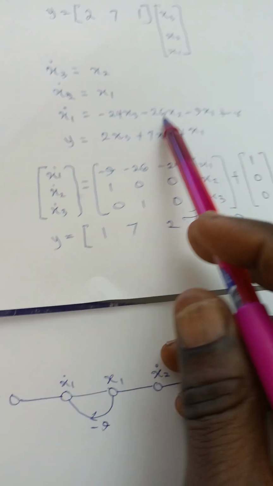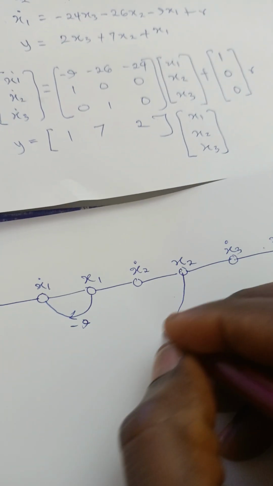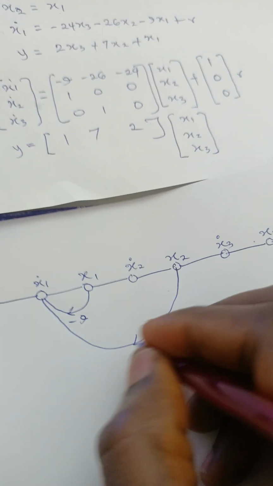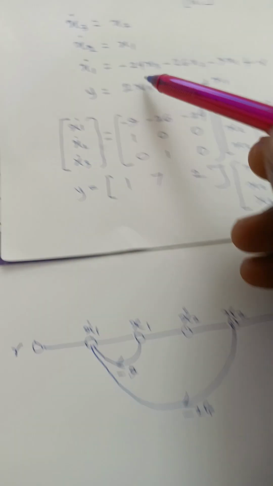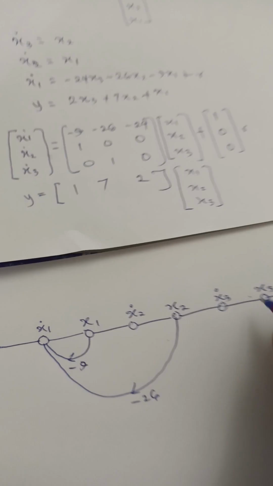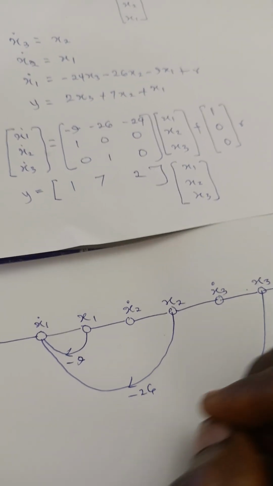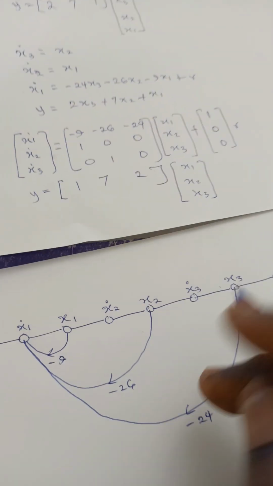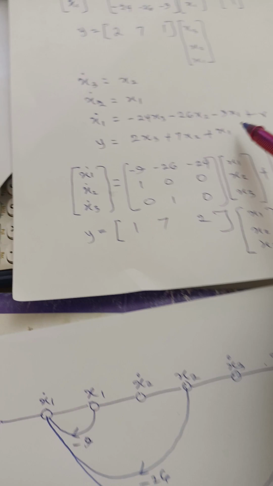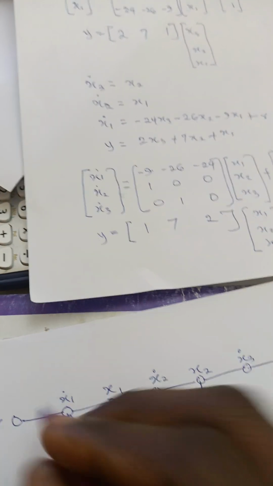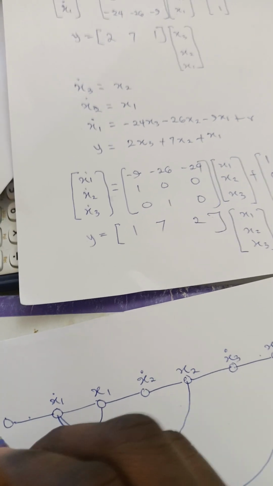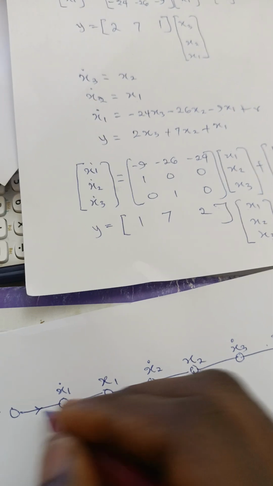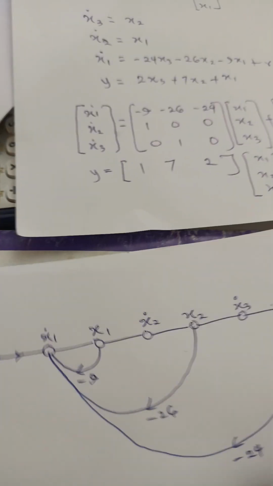Then 26x2, we'll link it, so that will be minus 26. And then 24x3, we'll link it like that, so that will be minus 24. After having linked that, the next one we look at is our R, which is also linked to this one. So we have done that one.